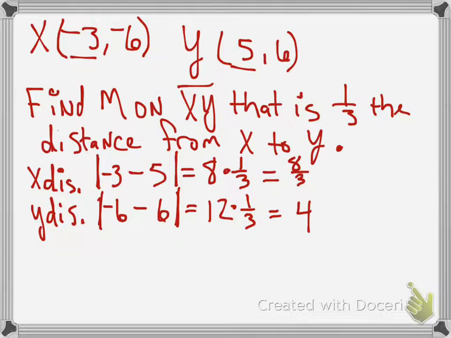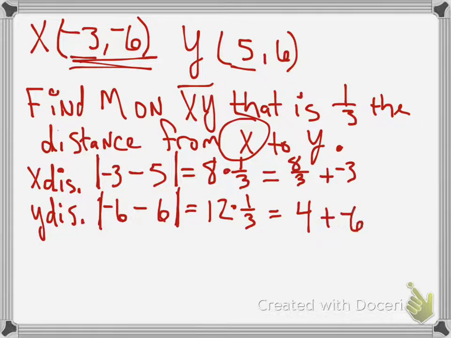Then from there I would add these two to the first point they mentioned, X. So I'm going to add this to the -3, and I'm going to add this to the -6. Notice I'm adding the X with the X and the Y with the Y. So 8/3 plus -3 would give me negative 1/3, and then 4 plus negative 6 would be negative 2.